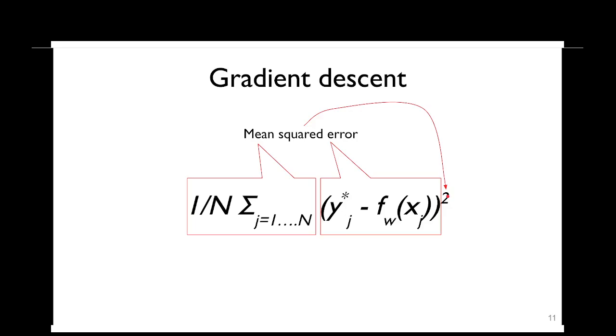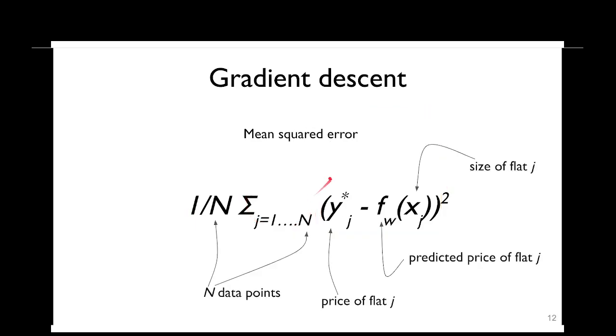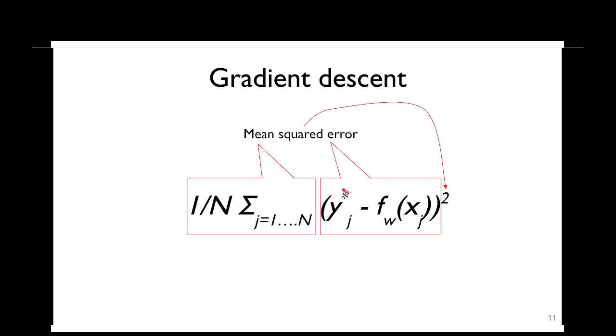You don't have to learn it by heart. Here we're building the mean value with the division by n and the sum. Here we're computing the error, the difference between the known value and the predicted value, and we're squaring the whole thing. So mean squared error is a perfect name.